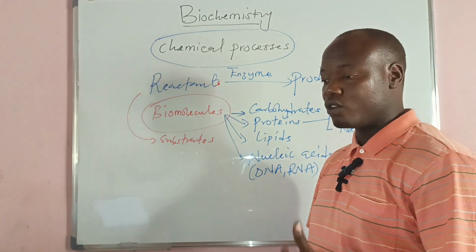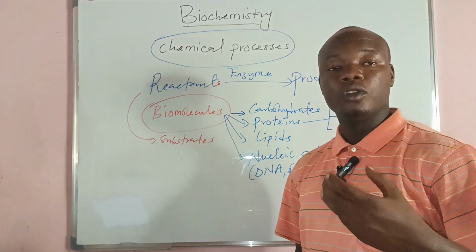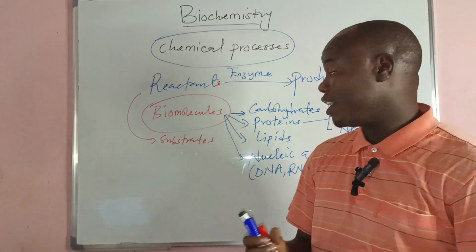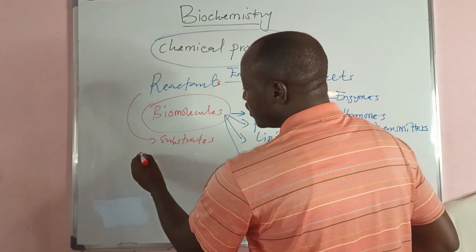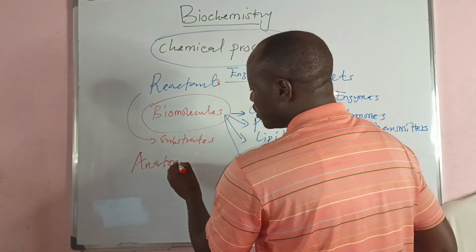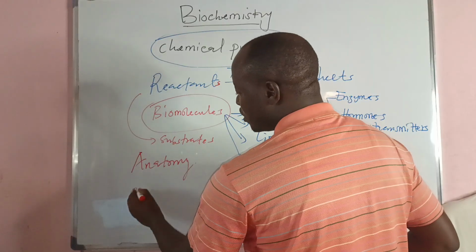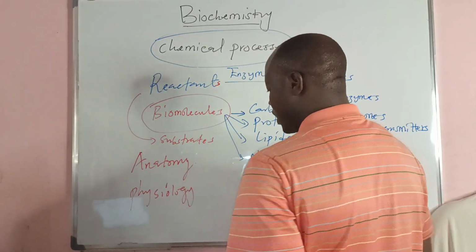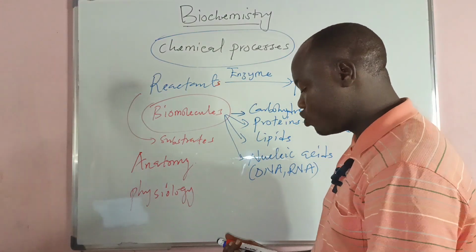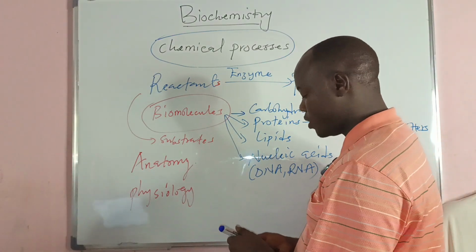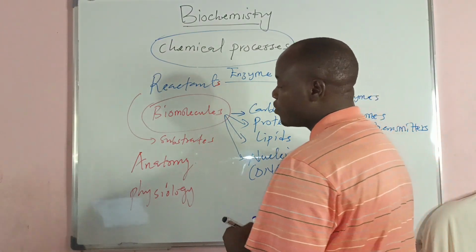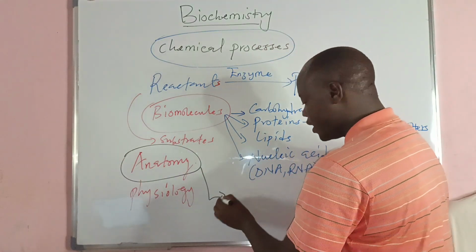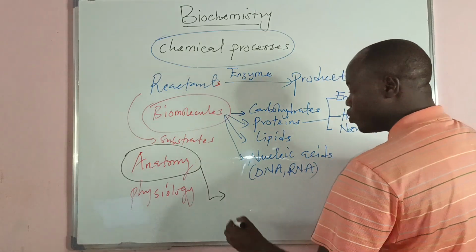And of course, biochemistry is associated with other medical sciences like anatomy and physiology. But I want you to understand something. What is anatomy? Anatomy is also a branch of science that tries to study the internal structure of the body of a living organism.